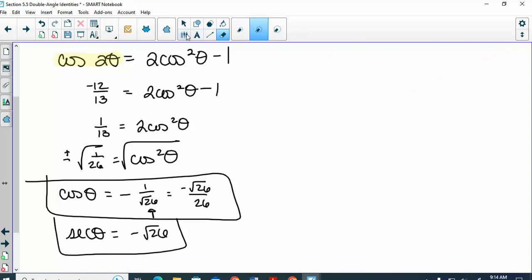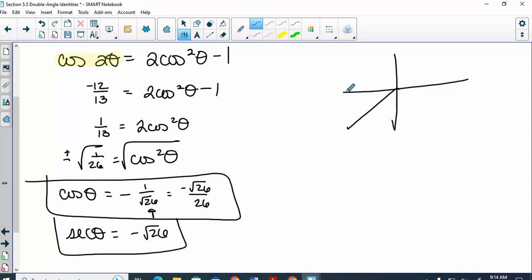We want all the trig functions for theta, so we need the triangle for theta. We already said it's in quadrant 3. Cosine is adjacent over hypotenuse, so this would have to be a negative 1. My hypotenuse is always positive, so that's a positive radical 26. And then you could do Pythagorean theorem. 1 plus b squared equals 26.